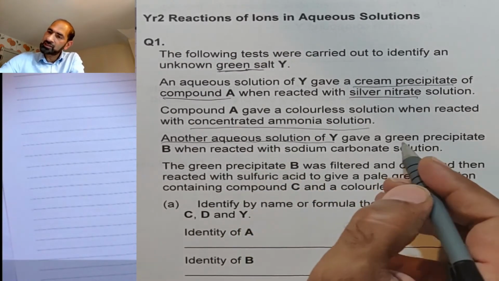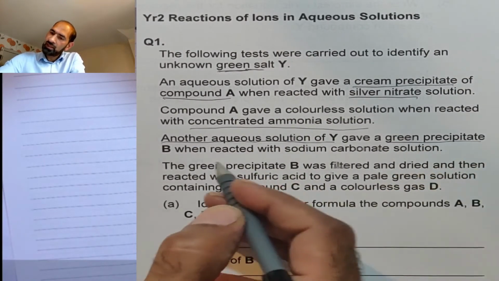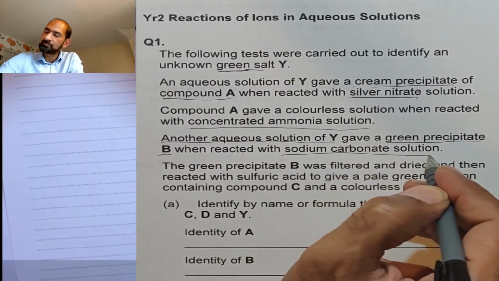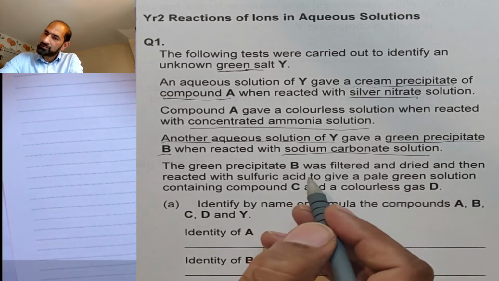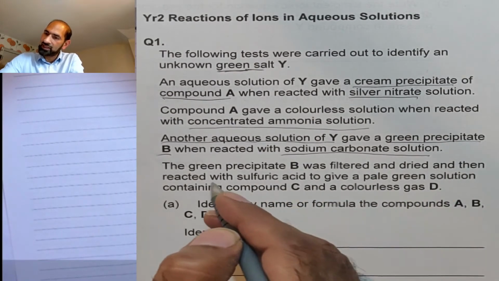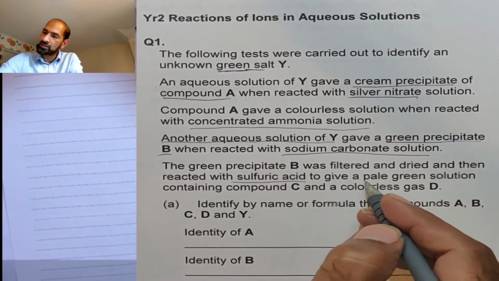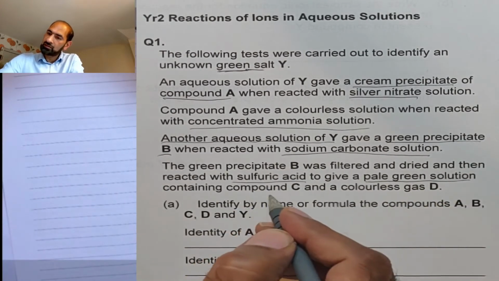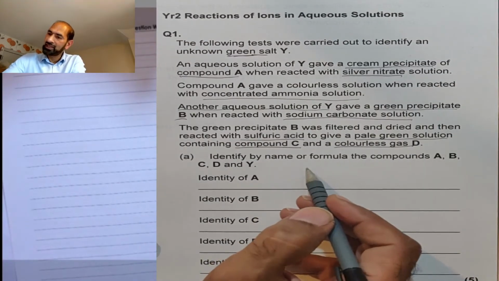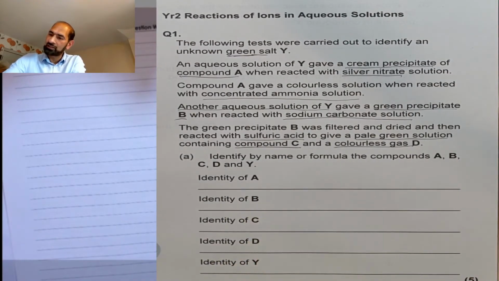It gave a green precipitate of B when reacted with sodium carbonate. The green precipitate B was then filtered, dried, and reacted with sulfuric acid to give a pale green solution containing compound C and a gas D. Identify by name or formula the compounds A, B, C, D, and Y.